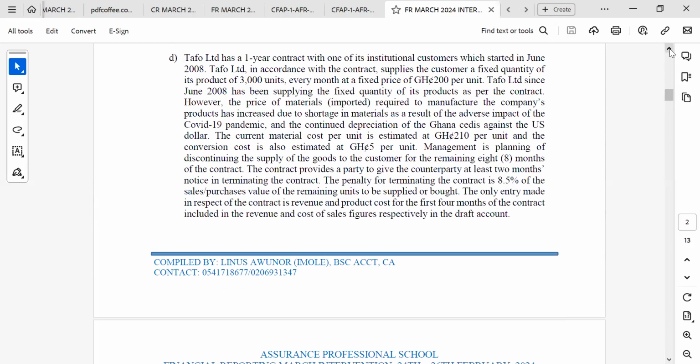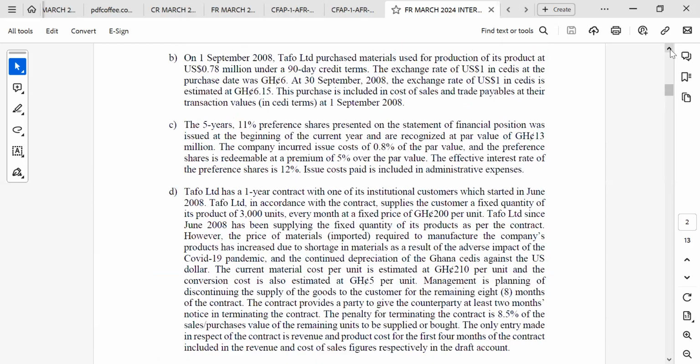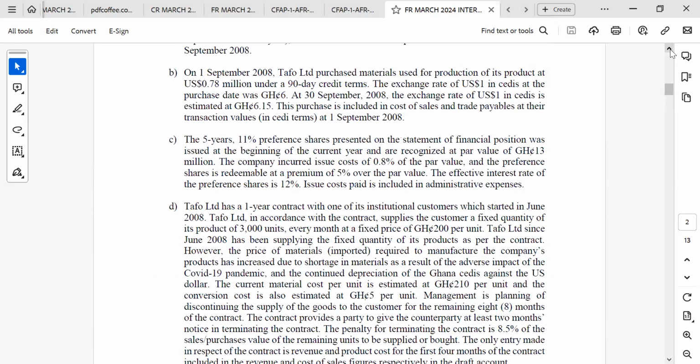Let's come here. What is the value of the preference share dividends? What are they calling the dividend for them, and how much is it?